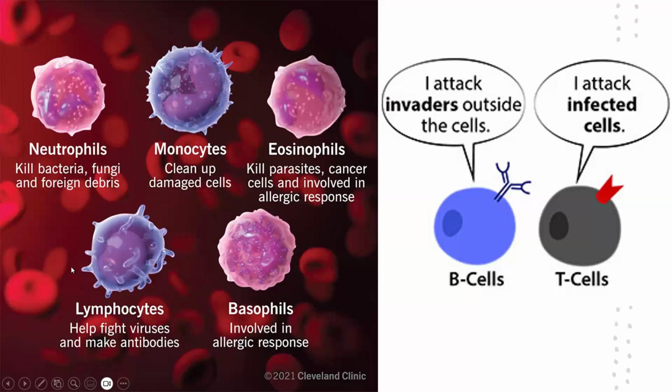So walking through our different infections. Like I mentioned before, different types of cells will react in our immune system depending on the type of infection. Neutrophils will typically be triggered by bacterial infections, but they are also triggered by some fungi and foreign debris, which is non-human things entering your body.